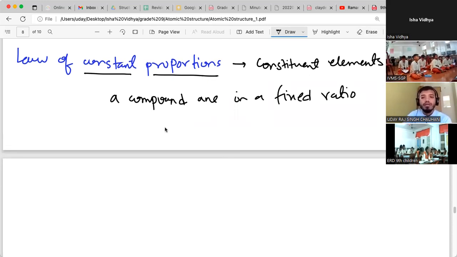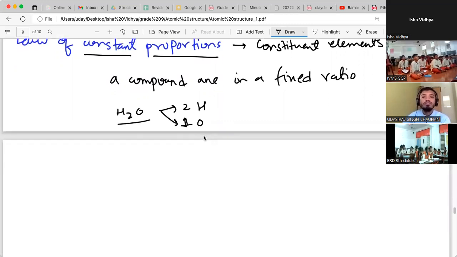right? So if you take water, for example, it has 2 hydrogen and 1 oxygen, right?